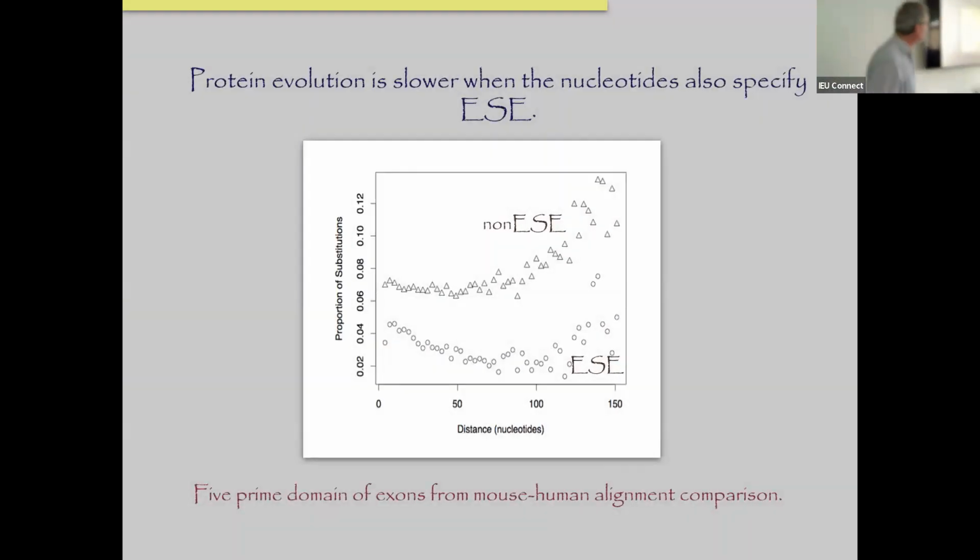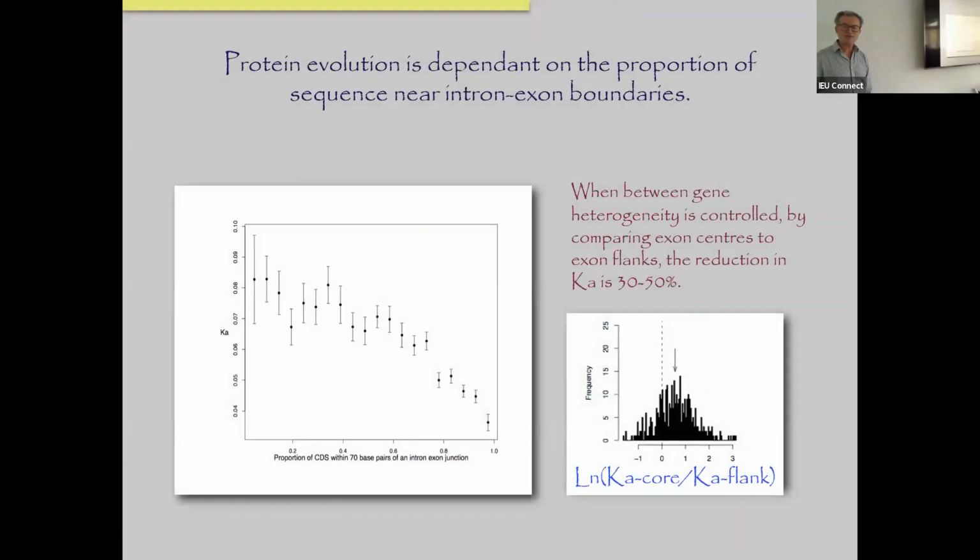Again, a bunch of results which I think are very straightforward. Is this slow evolution towards exon ends anything to do with ESEs? Yes, it is. So if we partition them ESE versus non-ESE, the protein-changing mutations that also change an ESE happen less commonly. It's not mutational, it is simply selection.